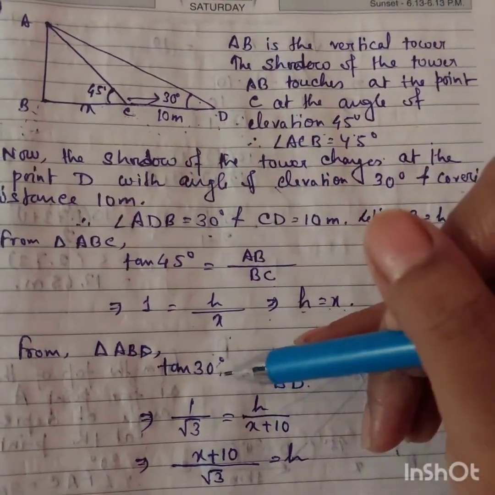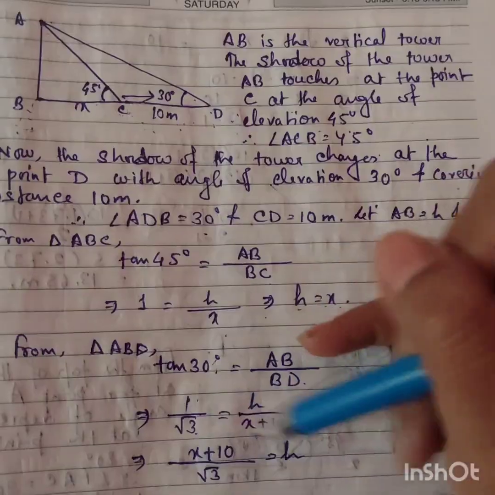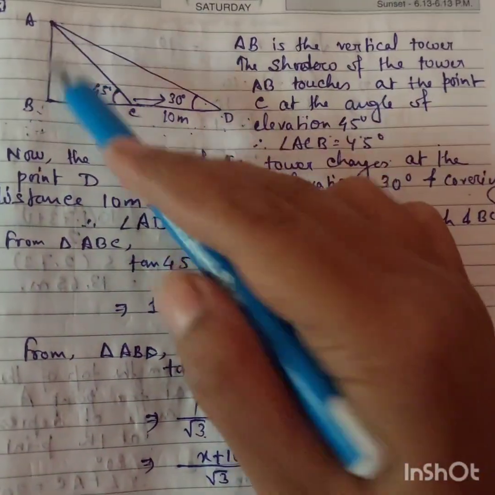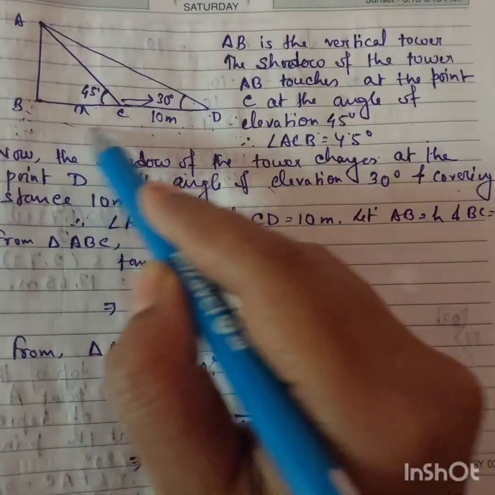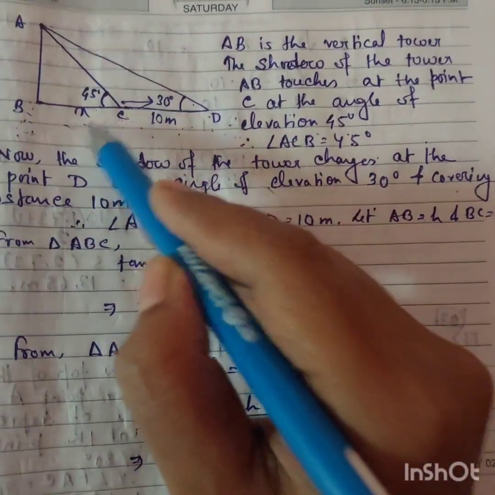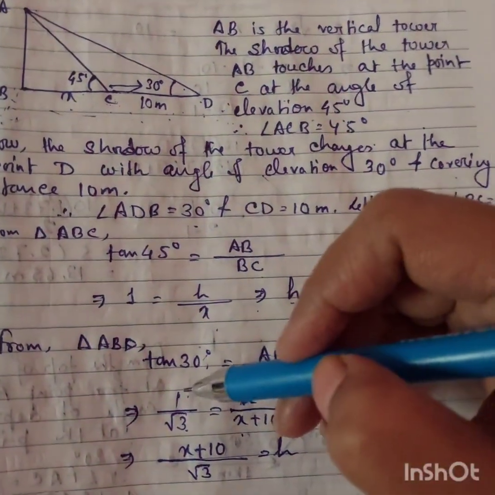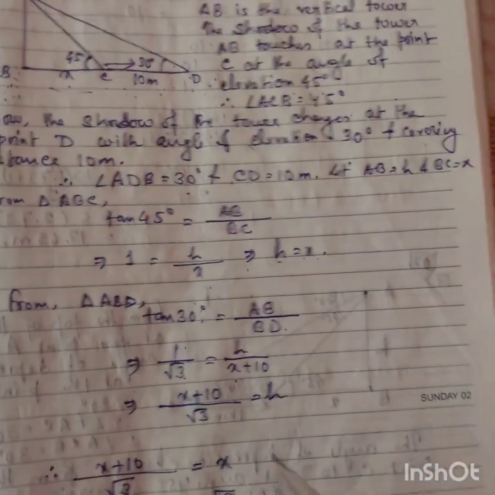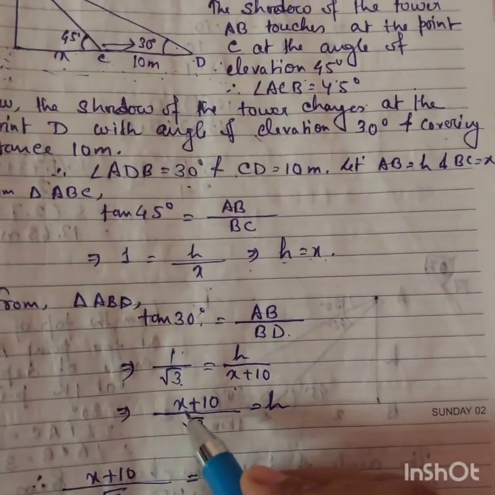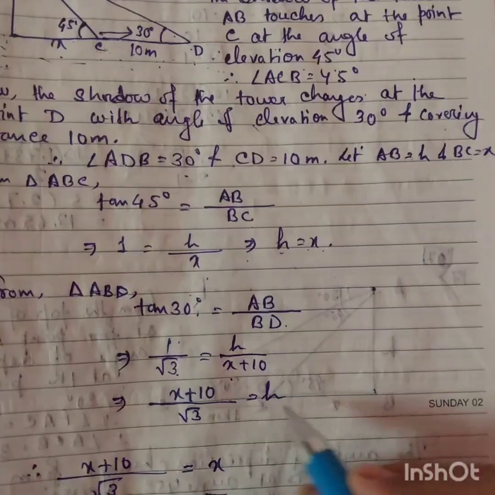So tan 30 degree is 1 by root 3 is equal to H by BD, and BD is the sum of BC and CD, that is x plus 10. So 1 by root 3 is equal to H by x plus 10, that is x plus 10 by root 3 is equal to h.